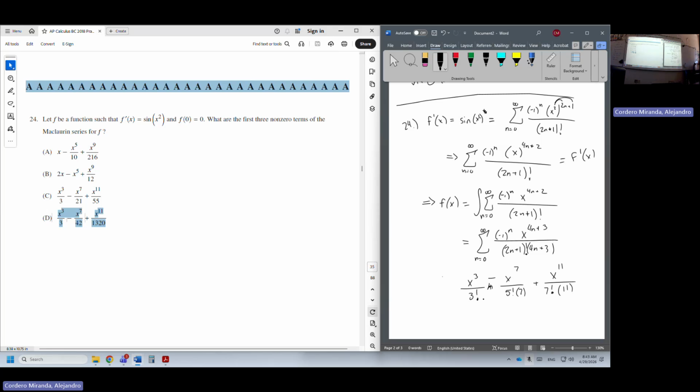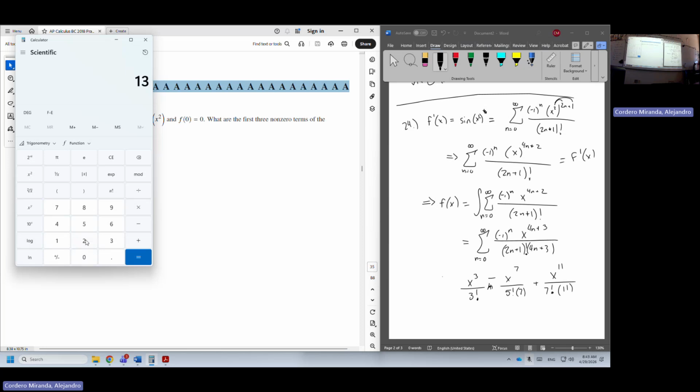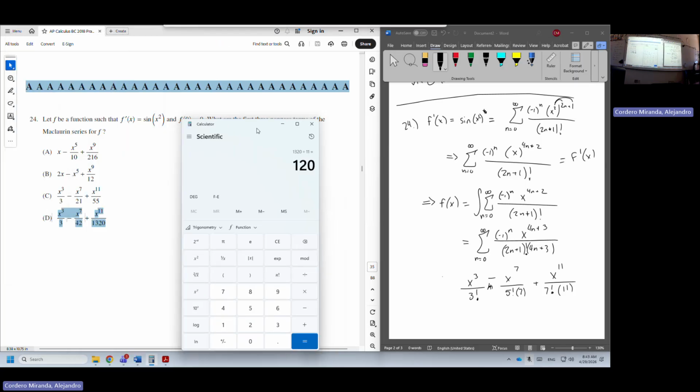Why is it not 3 factorial, man? I'm off by 1 factorial. Why is it?